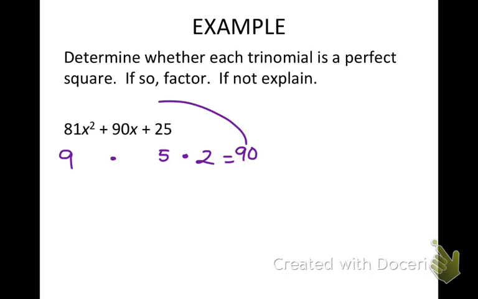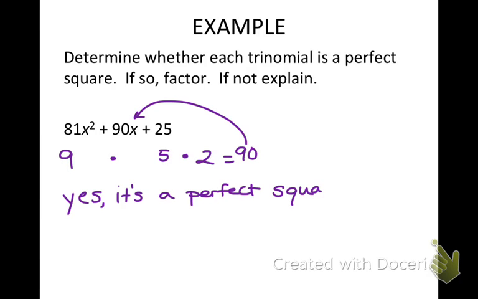So 90 is the middle term. So we would say yes, it's a perfect square trinomial. Now let's factor it and then see if you can figure out what the shortcut would be after we factor it.